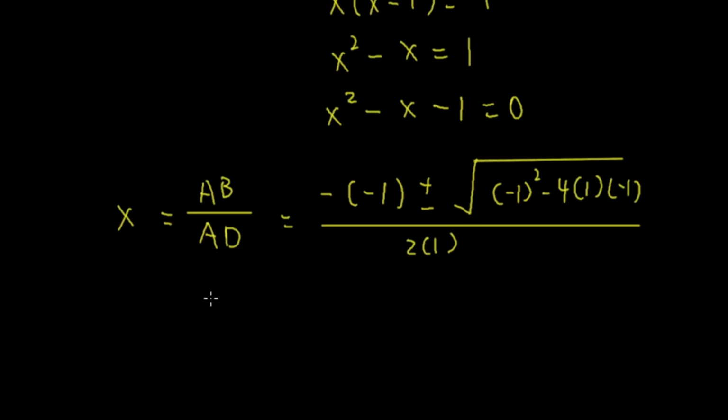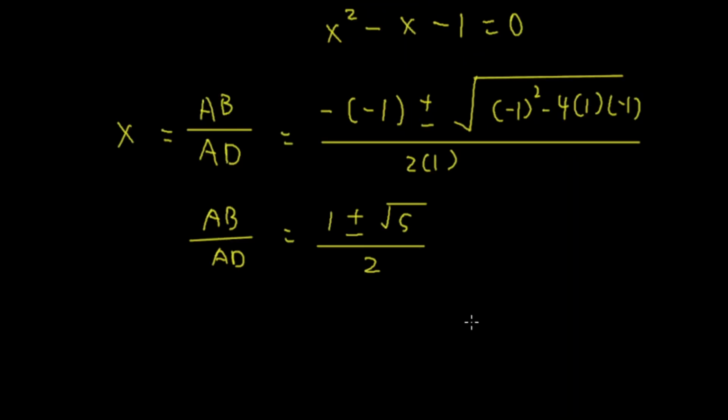Okay, so here AB over AD is equal to 1 plus or minus square root of 5, all divided by 2.